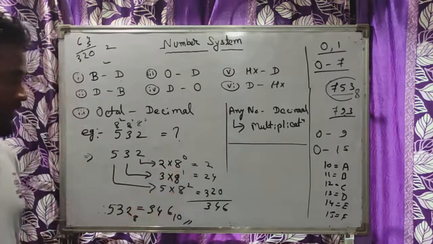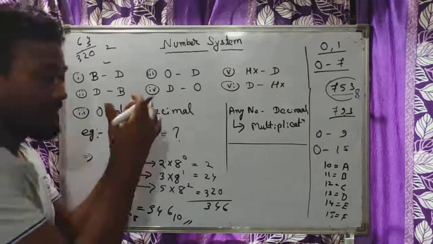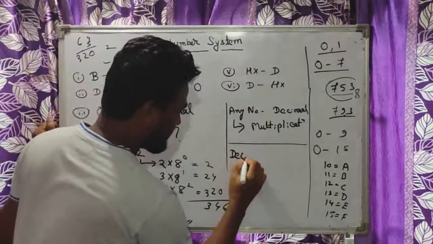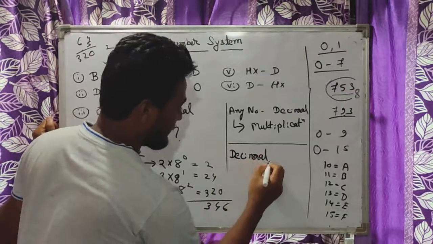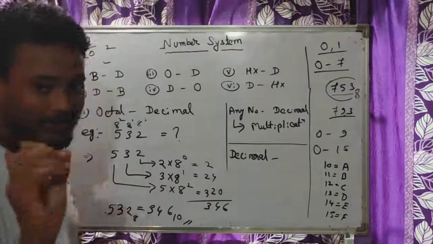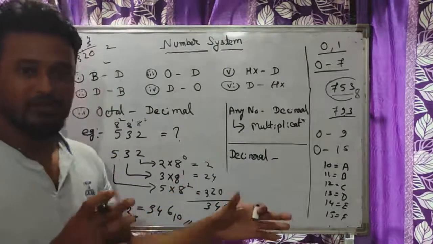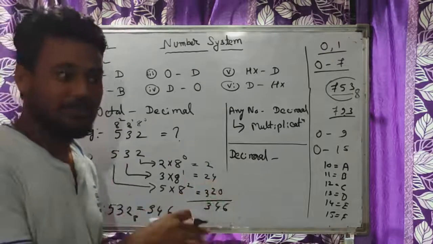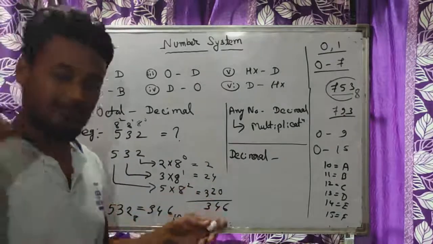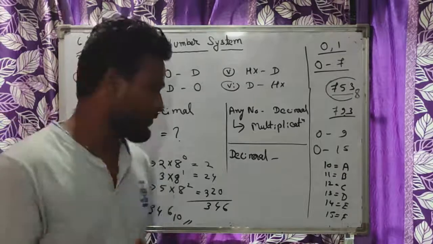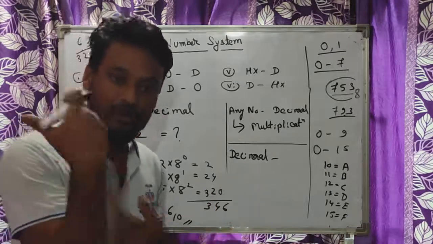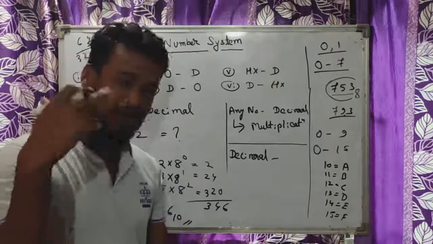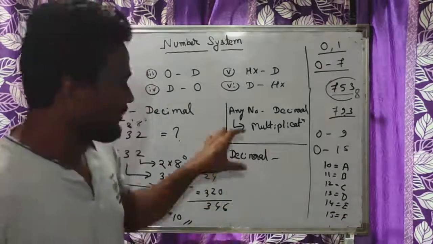Now reversely, from decimal to any number, this is one kind of trick, because in examinations there will be conversions from any number to decimal and from decimal to any number. Most students get confused about whether they have to multiply or divide. So for them, this is a short trick, you can note it down.